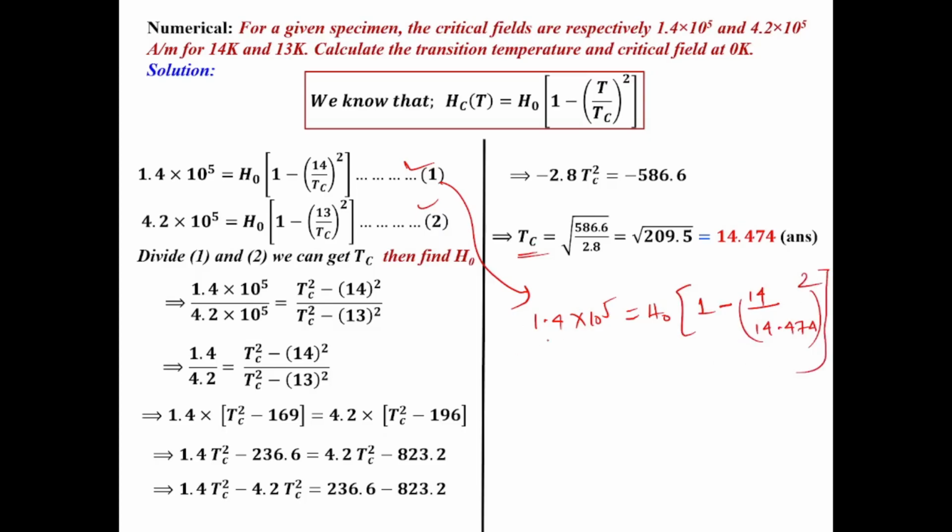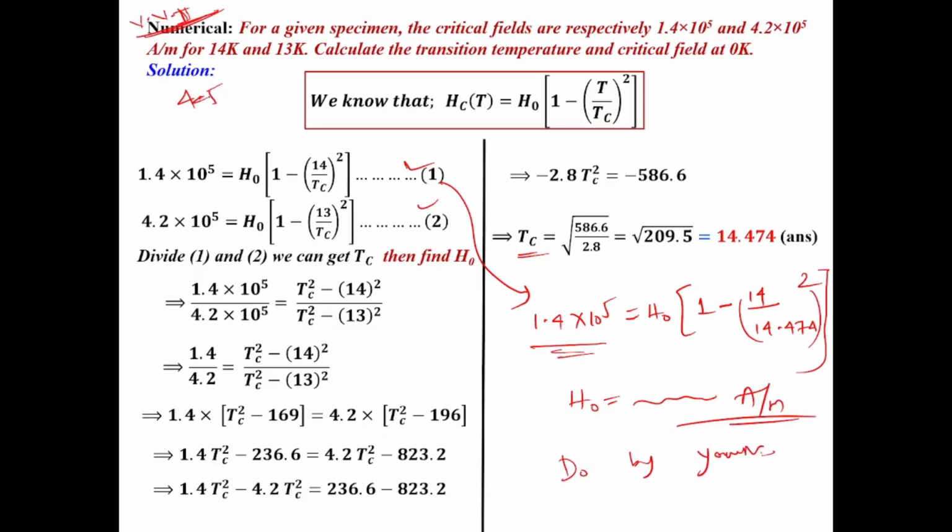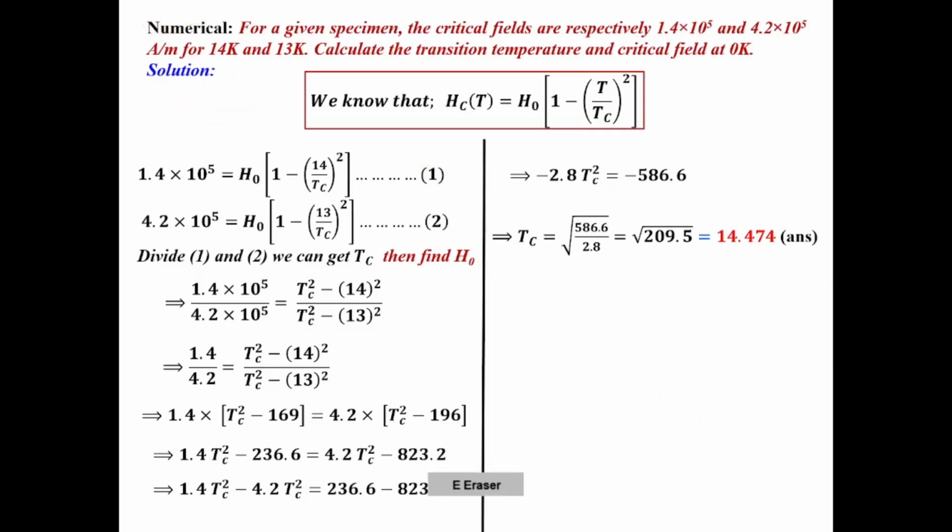You just solve this expression and you can find the H naught value in ampere per meter. You just do it by yourself. This is a very important question. You can find it in your exam as a 4 to 5 mark question. Very simple question. Just practice and prepare for the exam.